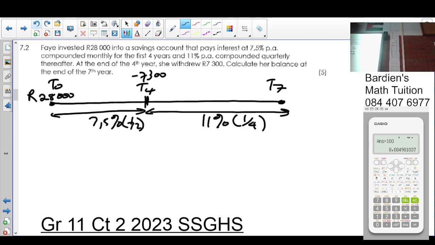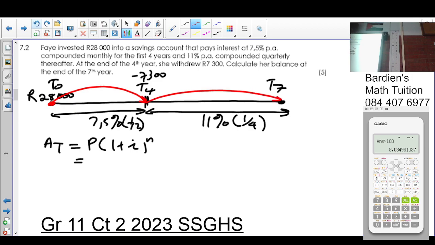So there's one of two ways I can do it. It's either I break it up or I work it to the end all the time. So firstly, the formula is P into 1 plus i to the exponent n, as it is compound. If we consider the 28,000 rand, I take it to T4, because the interest rate changes until the end.